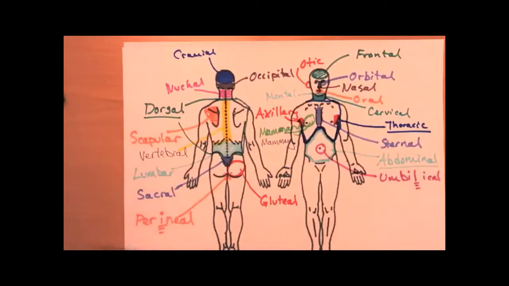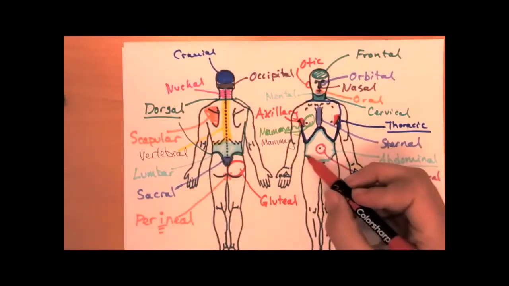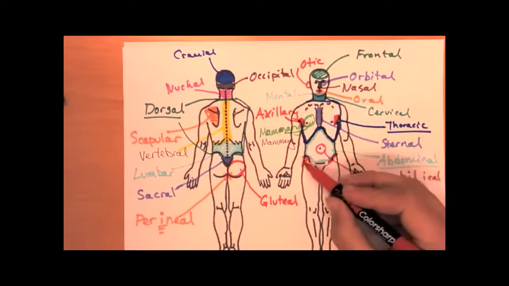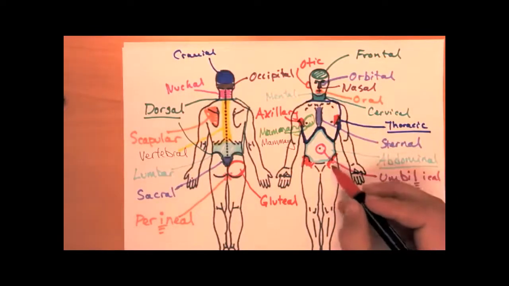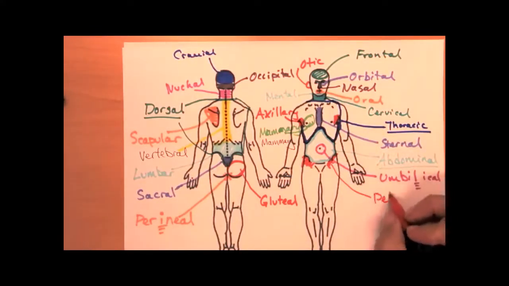Next, pelvic. All right, so pelvic is essentially a major region of the pelvis. All right, so your hip bones.